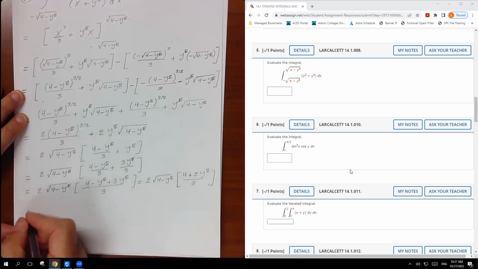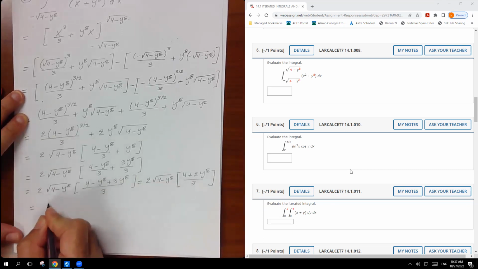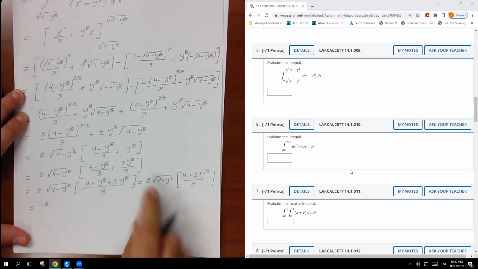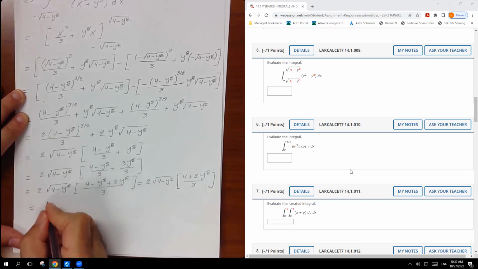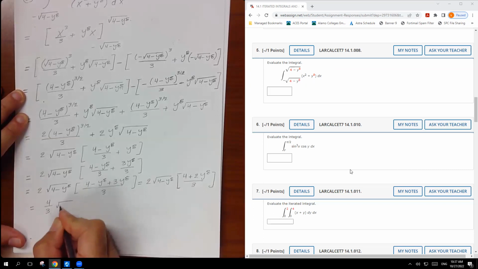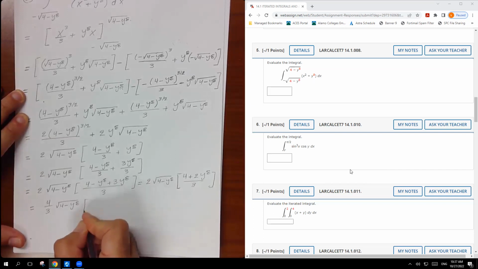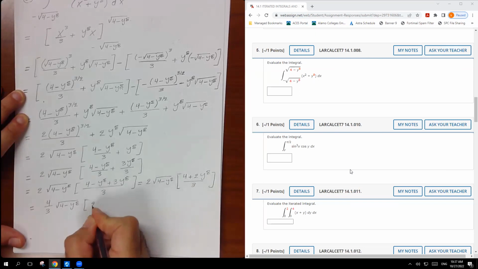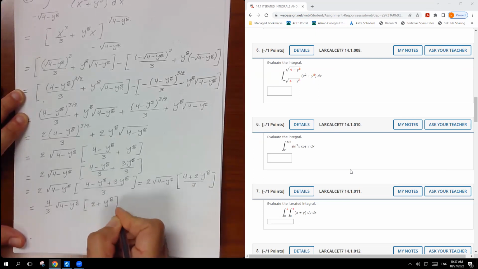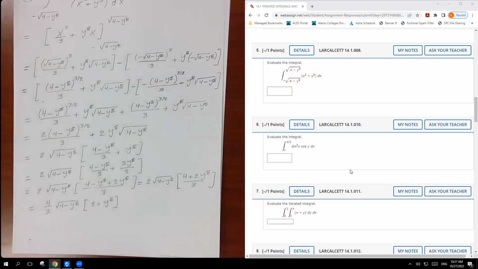So this one is going to be 2 times 2, which is 4, that means 4 over 3, and here's square root of 4 minus y to the power 8, and the left here is going to be 2 plus y to the power 8. That's it. We can't keep going.